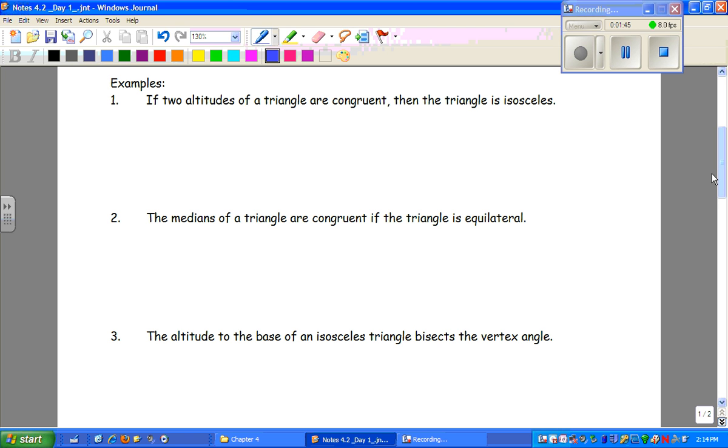Example 1, if two altitudes of a triangle are congruent. So we have the if, there's our given, and then our then statement, what we are trying to prove: the triangle is isosceles. So let's draw ourselves a triangle.